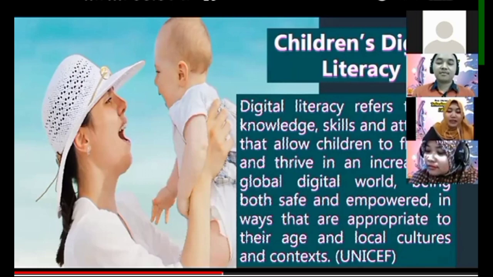From this definition, we can conclude that children's digital literacy is the ability of children to develop themselves, especially in knowledge, skills, and attitudes, to face the global world, but still consider the aspects of age, culture, and the local context.